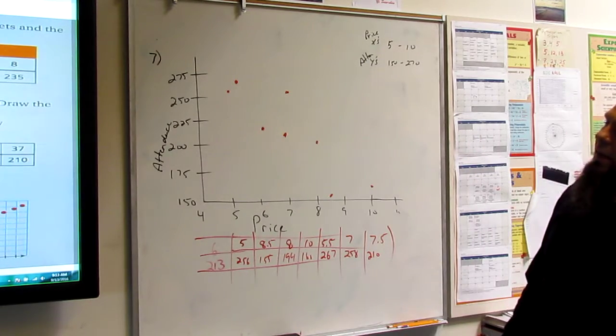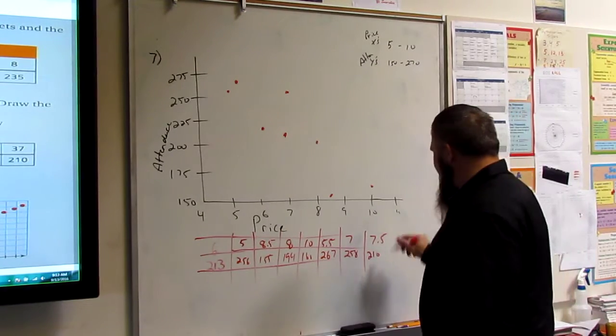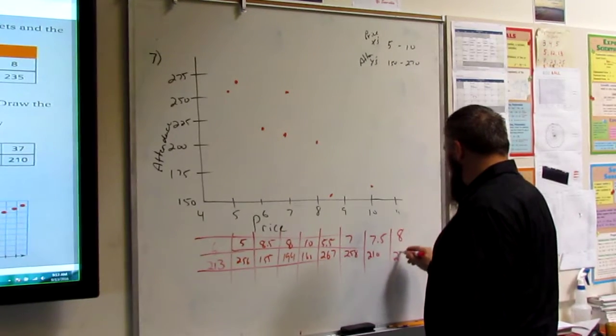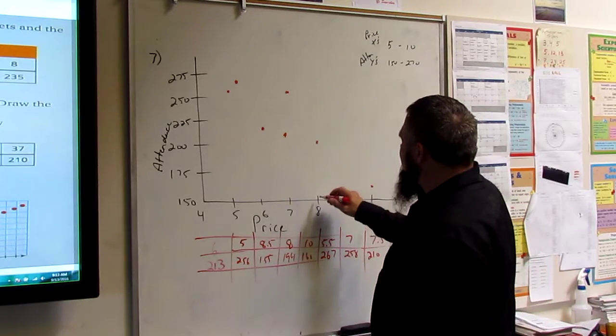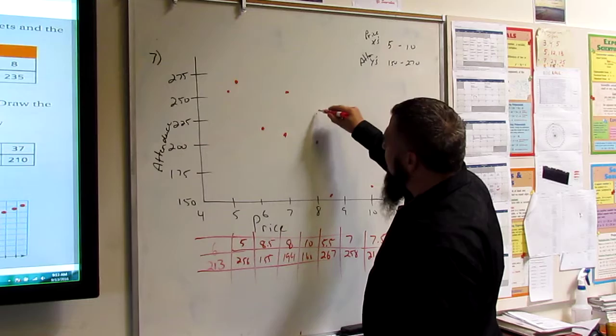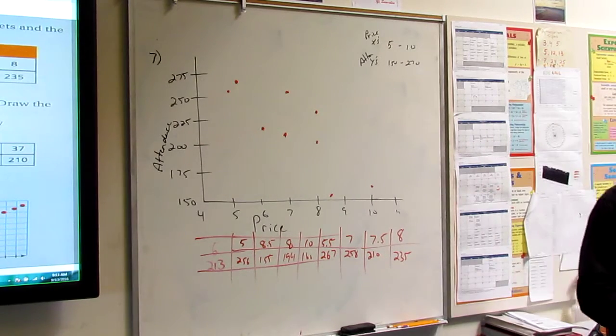And then 8 and 235. So we're around there. Is that good?